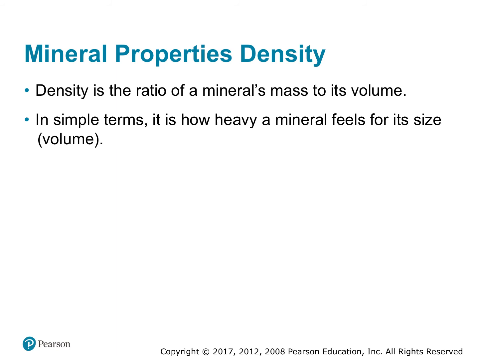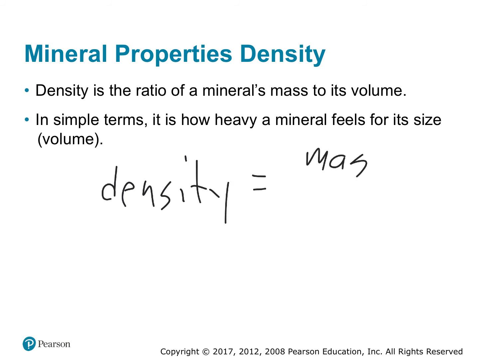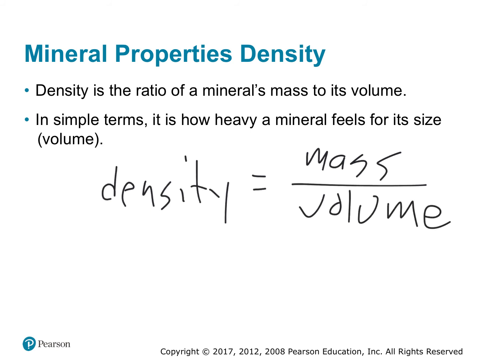And of course, density is the ratio of mass to volume. So if you take an object's mass and you divide it by its volume or its size, that gives you its density. And in simple terms, the density is how heavy a mineral feels for its size.